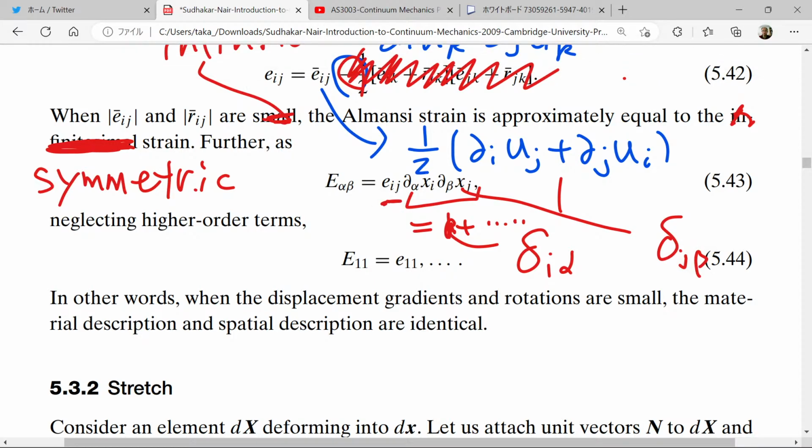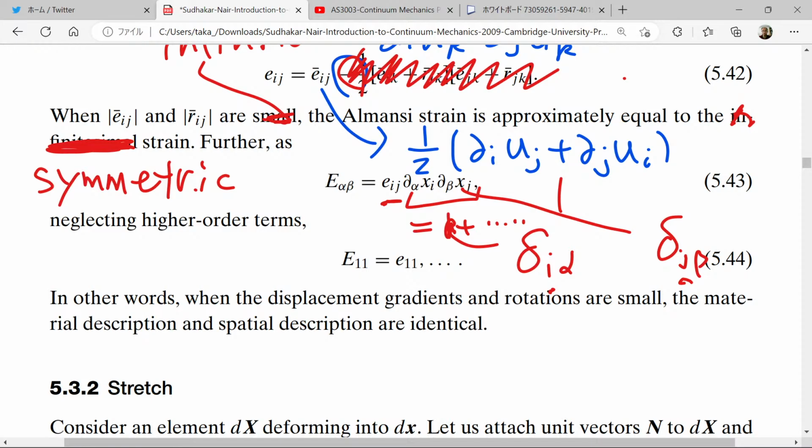There is i and j, so you sum over i from 1 to 3, and you sum over j from 1 to 3. So i is replaced by alpha and j is replaced by beta.